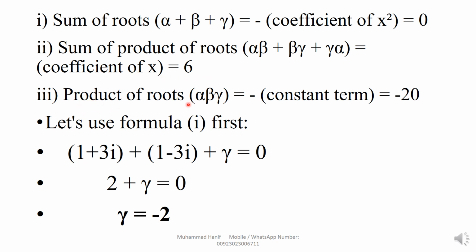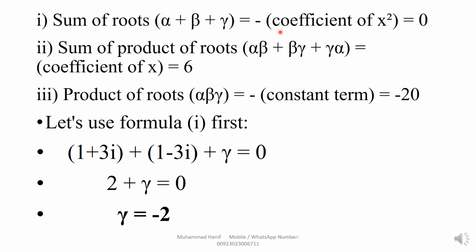Product of roots: alpha beta gamma equal to minus constant term equal to minus 20. Let's use formula 1 first.